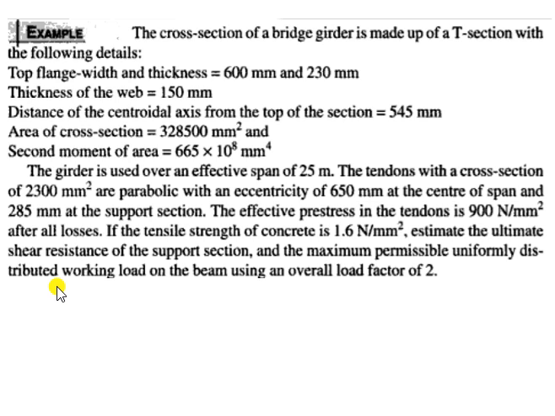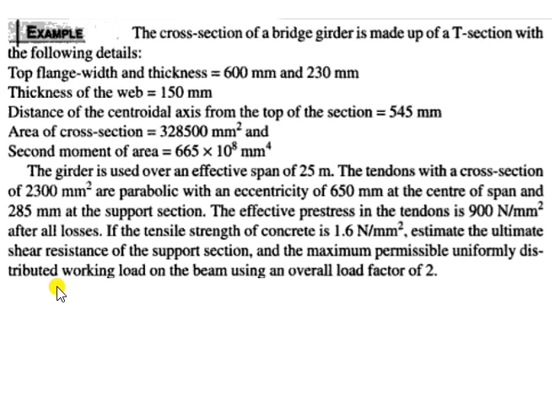Area of cross section is 3,28,500 mm square, and second moment of area is 665 into 10 to the power of 8 mm to the power 4. The girder is used over an effective span of 25 meter. The tendons with cross section of 2300 mm square are parabolic with an eccentricity of 650 mm at the center of span and 285 mm at the support section.